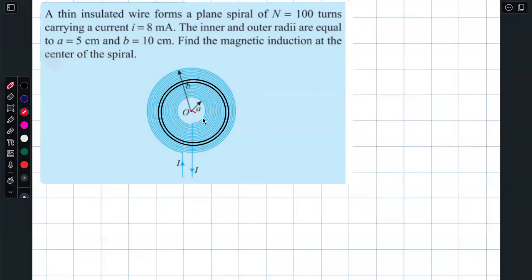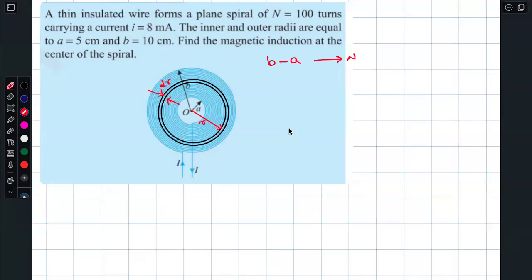You have radius r, thickness dr. There are N turns in a width of b minus a.